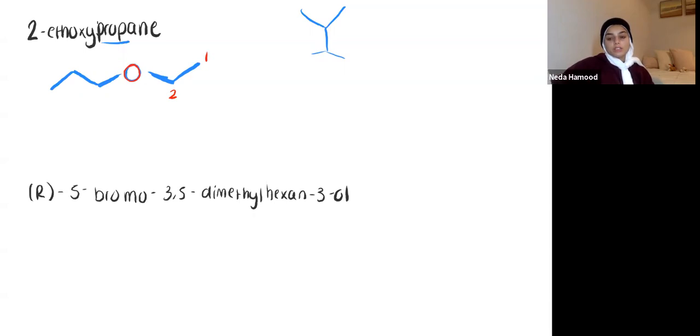So this is 1, 2, which is ethyl, and then you have propane, which is the parent chain, and then you have 1, 2, 3. The way that you do this is so extremely strange, because which way are you numbering it? I don't know. Like that?